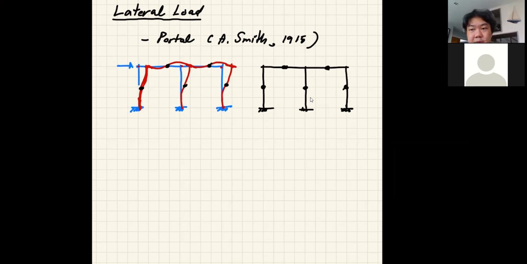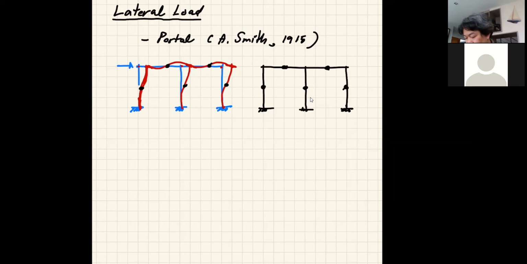Right there in the middle, it may not be just right in the middle all the time, because if you have done your work from the sessions, you probably realize that it may be a little bit off. So this is the approximation. We know that we're not going to get the exact answer, but it is good enough in many cases. So we can apply the hinge exactly at the midspan of each member.